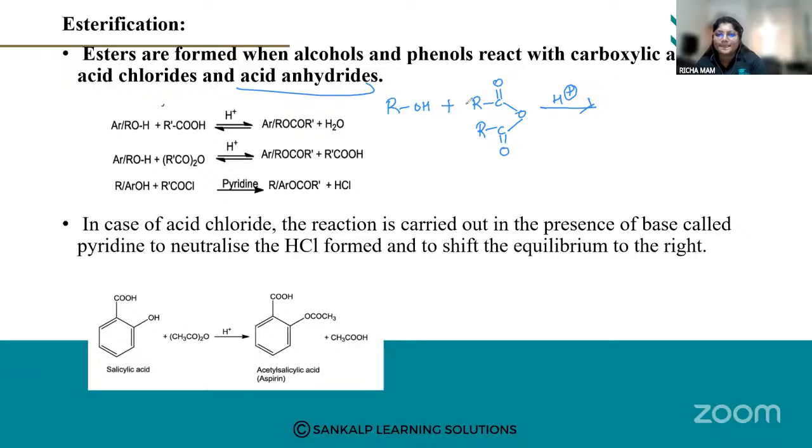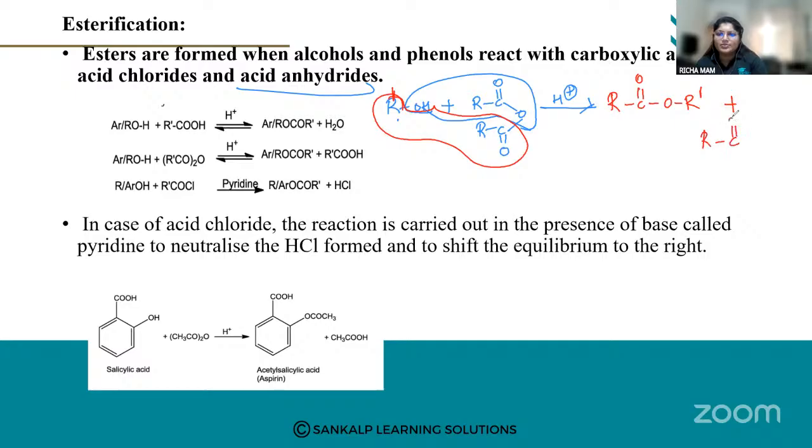One product is R C double bond O R, let me take this as R dash, plus the other, R C double bond O O H. So this is the answer I am going to get. R C double bond O O H, like this.